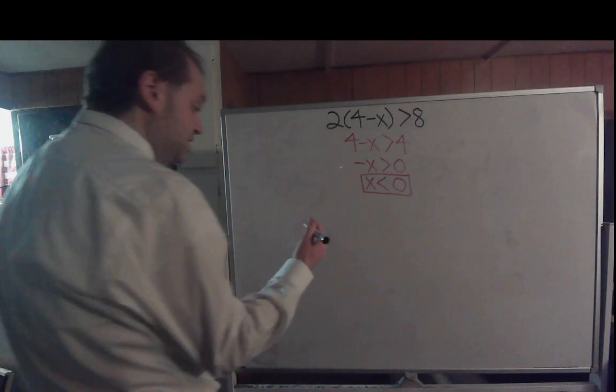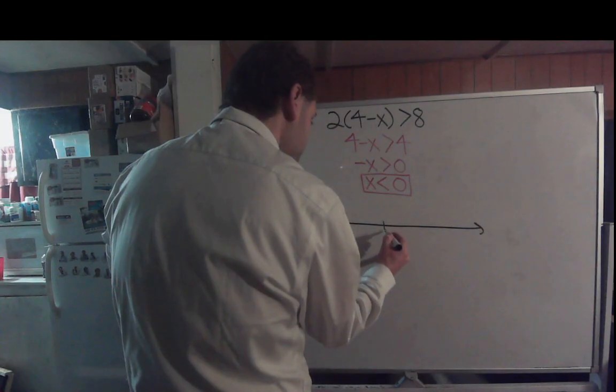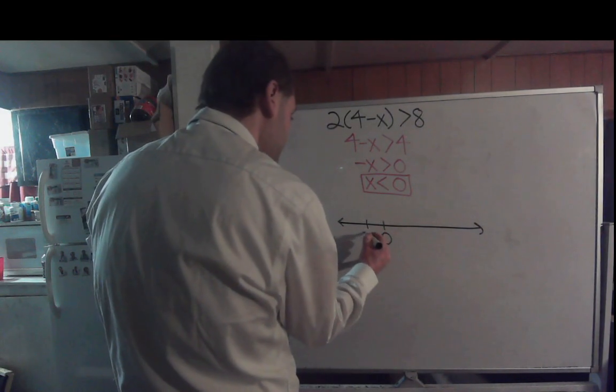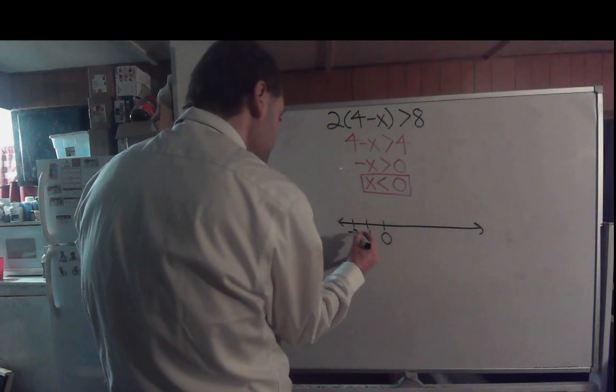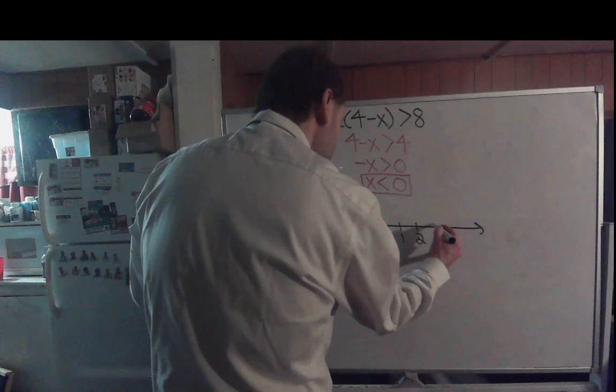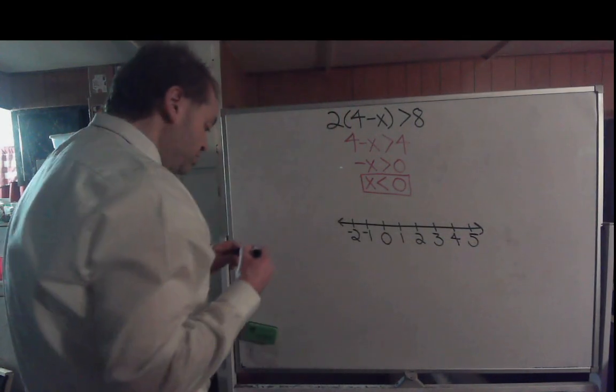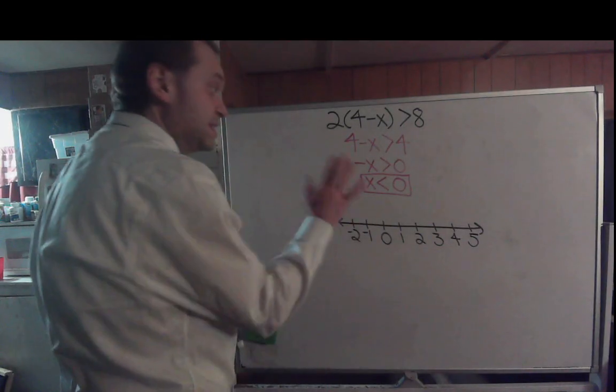Now let's plot this on a number line. So I'll put 0 here, -1 here, -2 here. 1, 2, 3, 4, 5. Okay. So we just have that x is less than 0.